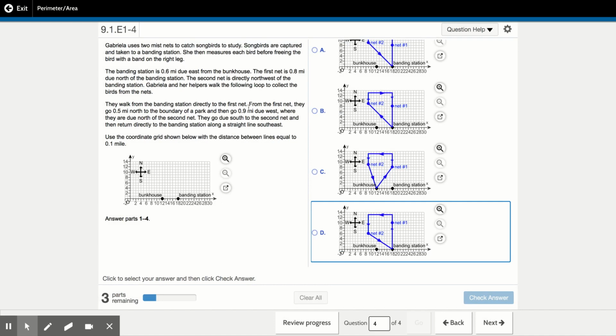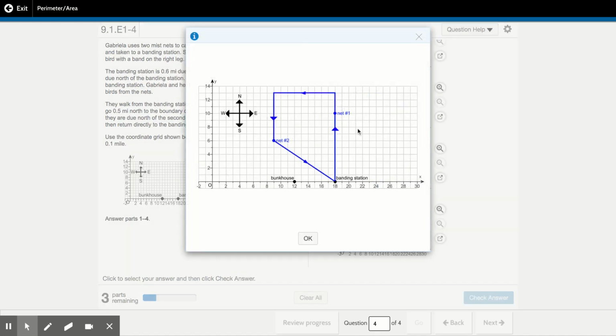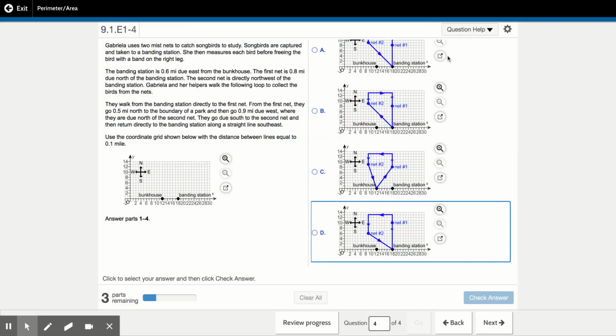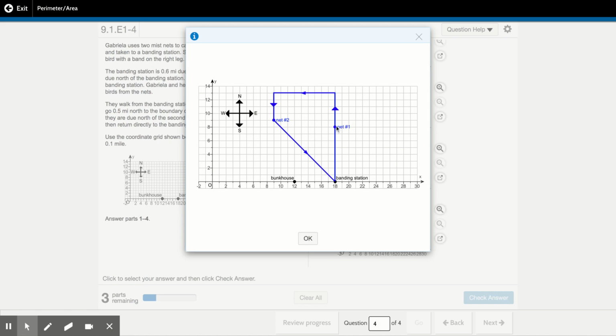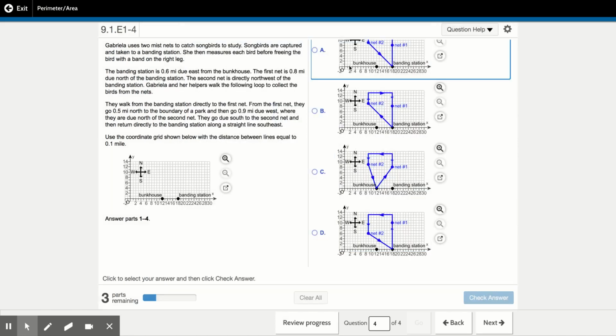From the first net, they go 0.5 miles north. This one goes only 3, so letter A should be going 0.5: 1, 2, 3, 4, 5. So letter A would be your correct choice for your first answer.